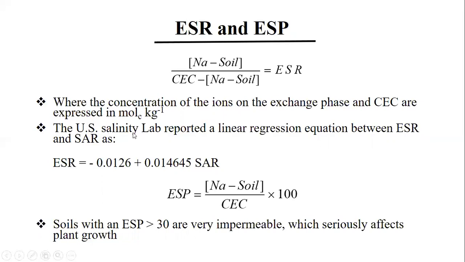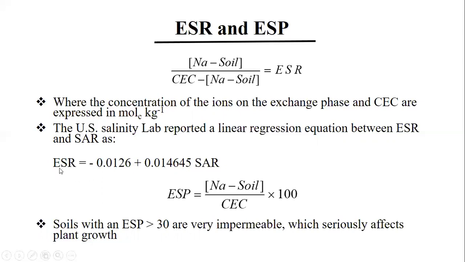It specializes in the study of salinity, and they studied soils from throughout the world. They are probably the most famous and known organization that studies salinity of soils in the world. That's why they collect samples from all over the world. They are the ones who find relationships.